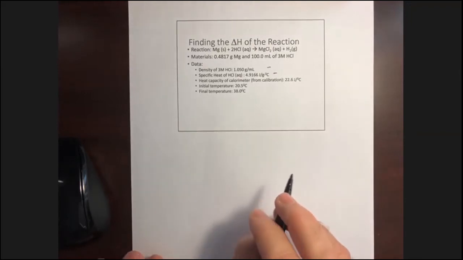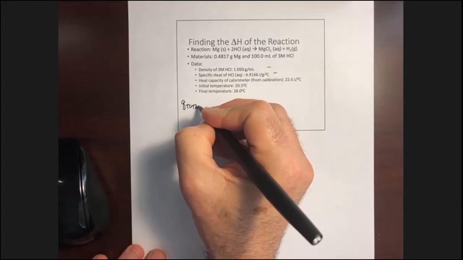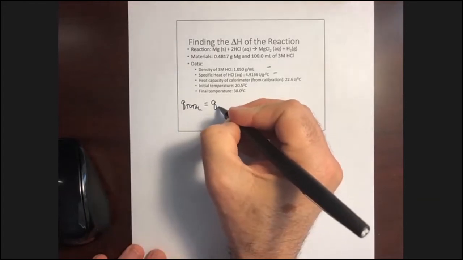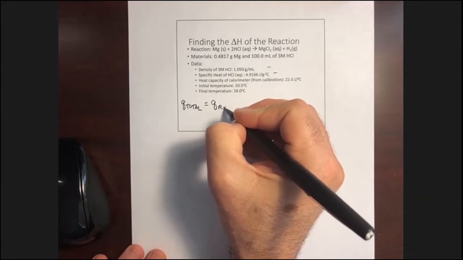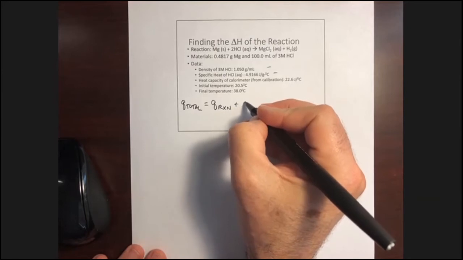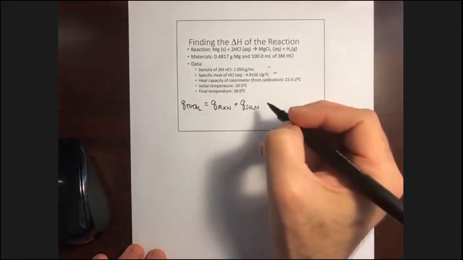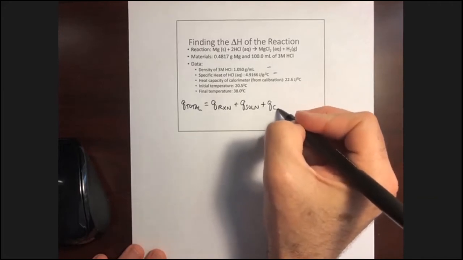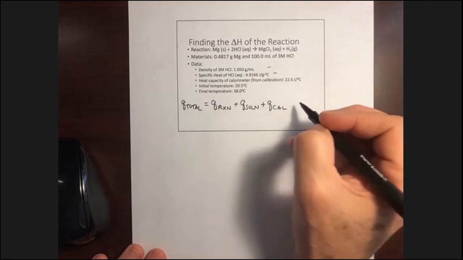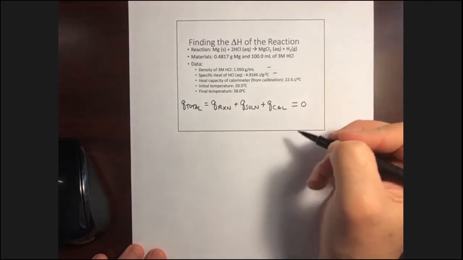Remember again, the total heat that is exchanged in this reaction would be whatever the reaction put out plus whatever the solution put out plus whatever the calorimeter put out, or exchange probably is a better way of saying it. And remember that according to the conservation of energy, this should be zero.